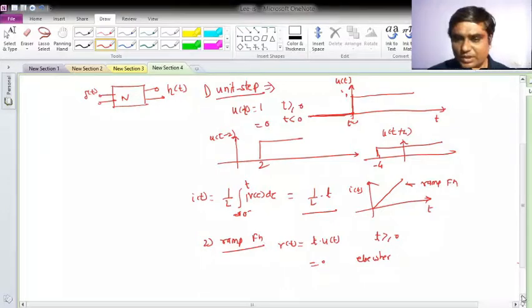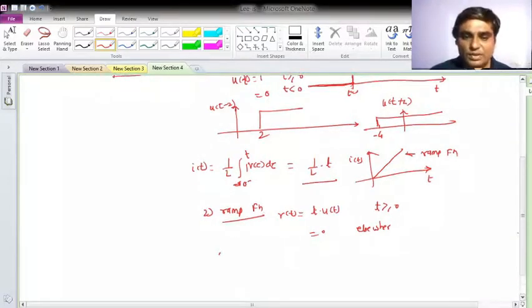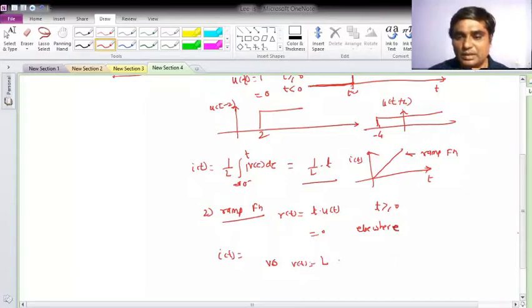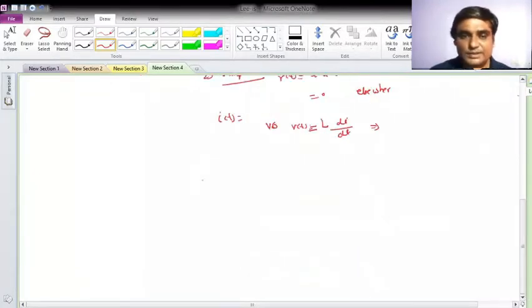What if I give a unit step function as the current through the inductor, and let me find out the voltage across the inductor. So it will be L di by dt. Now my current is, suppose, a unit step, so how will the voltage be?